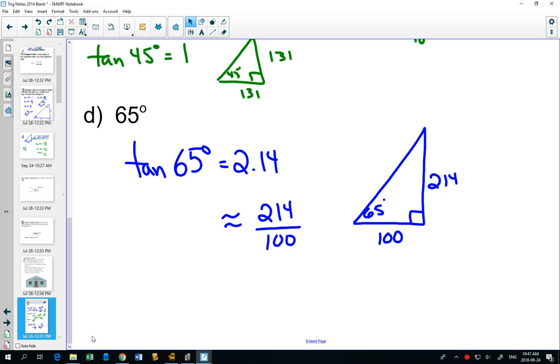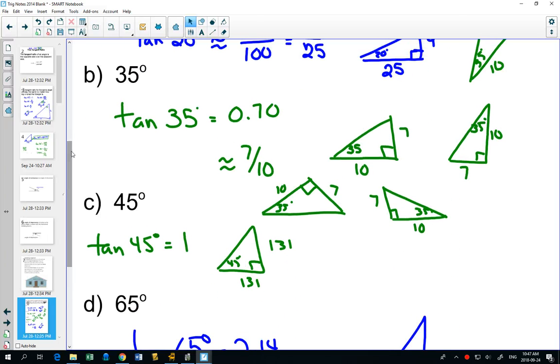Now think about 45 degrees being 1 and 1. At 45, the opposite and the adjacent are the same. Does it make sense when we had 35 degrees and we got 0.7 or 7 out of 10 that the opposite side, since it's a smaller angle, is less? As soon as it's 45, they're the same.